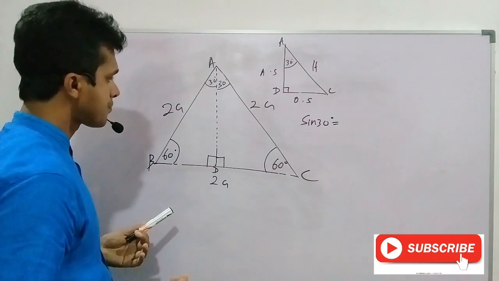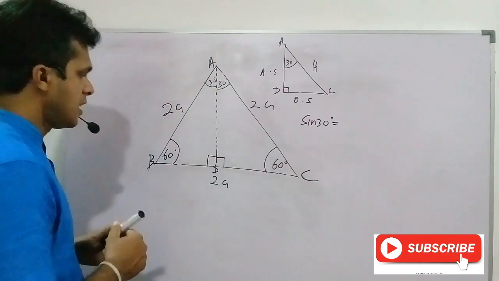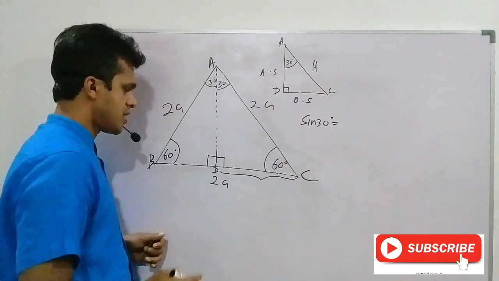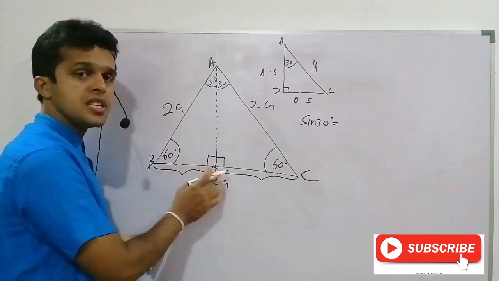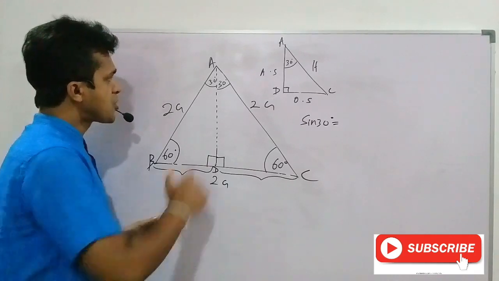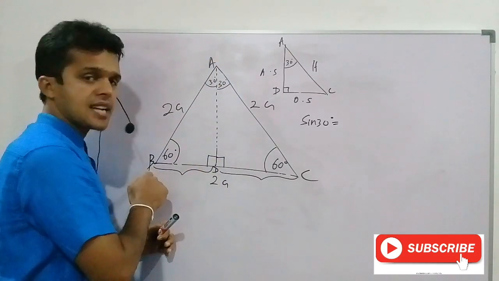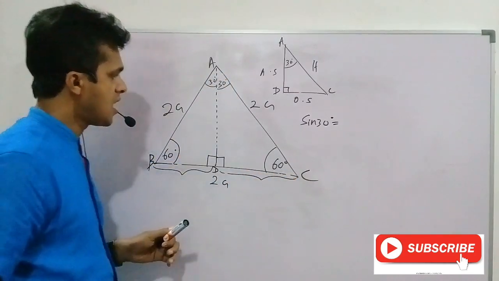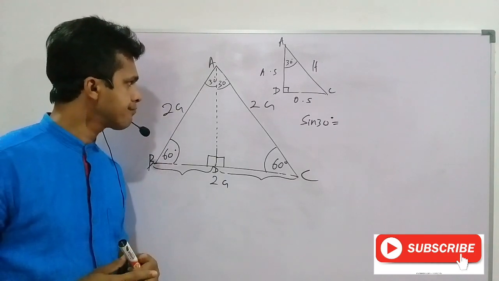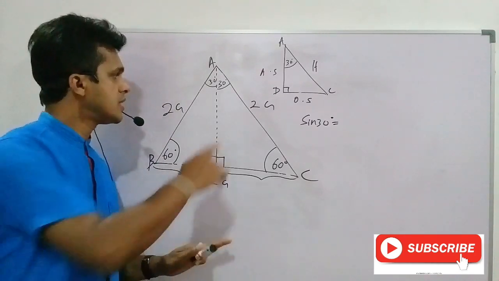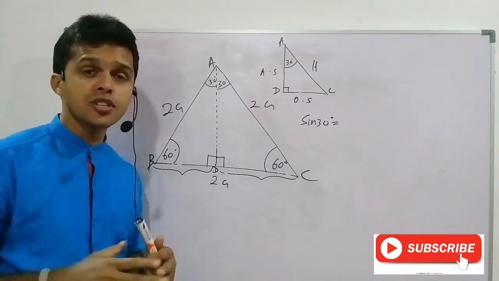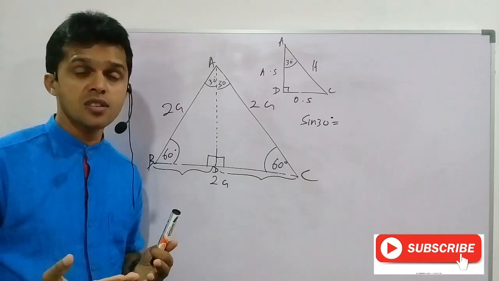Let's look here. What is the value of the side DC? What is the value of BD? The triangle ADB and the triangle ADC are congruent triangles. In the case of SAS, side angle side, you can prove that these triangles are congruent.